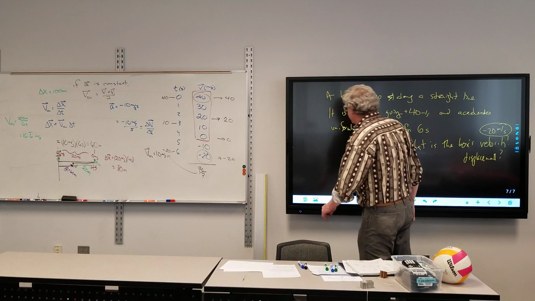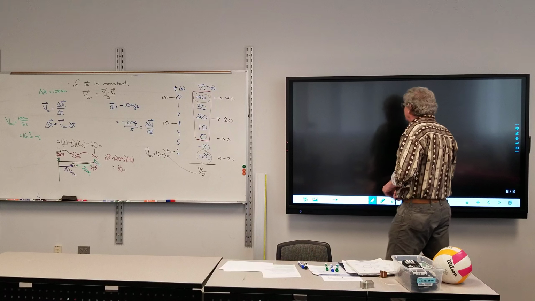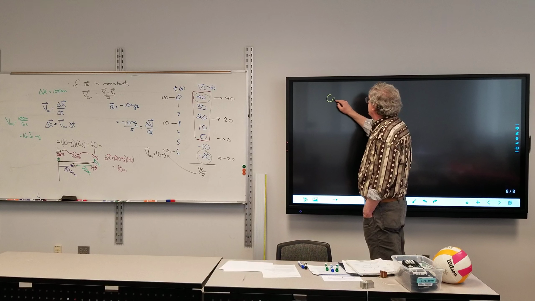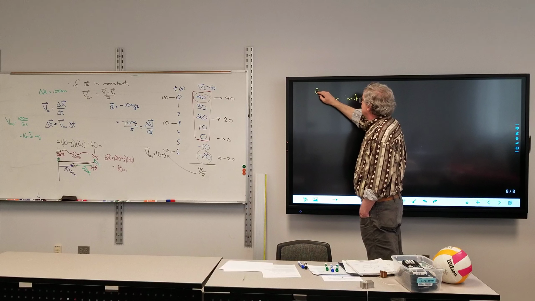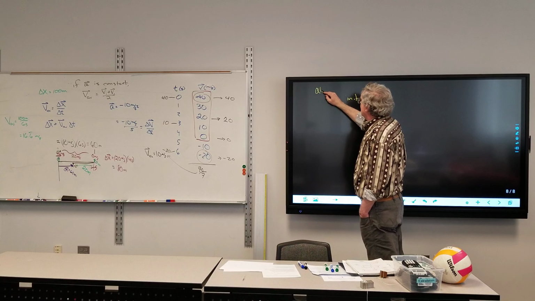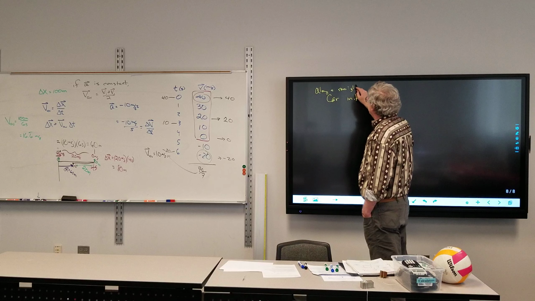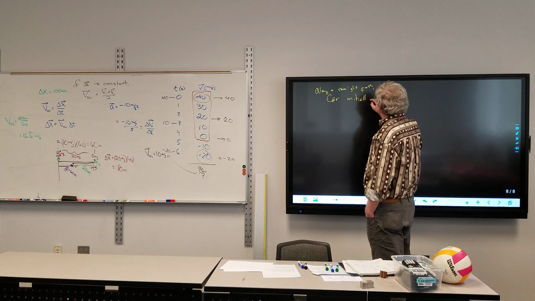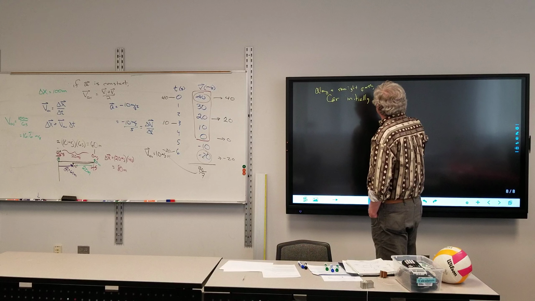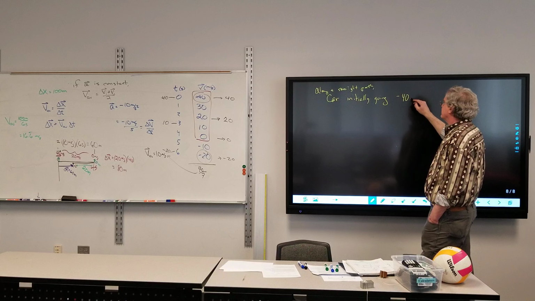All right, let's make it harder. Sorry, let's make it look harder. Car, initially going along a straight path, negative 40 meters per second.